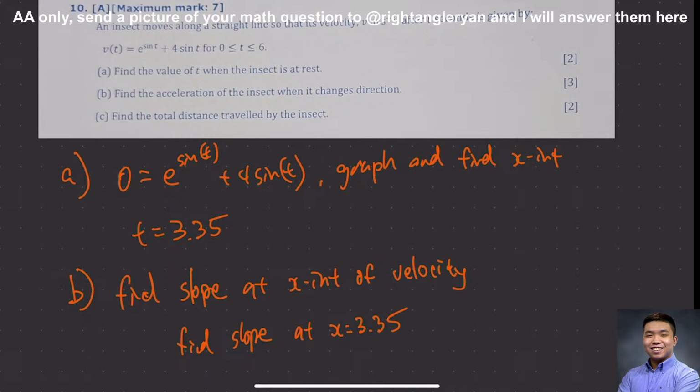How to find slope at x equals 3.35? I guess I will still have to graph it. e to the power of sine x plus 4 sine x. Graph.